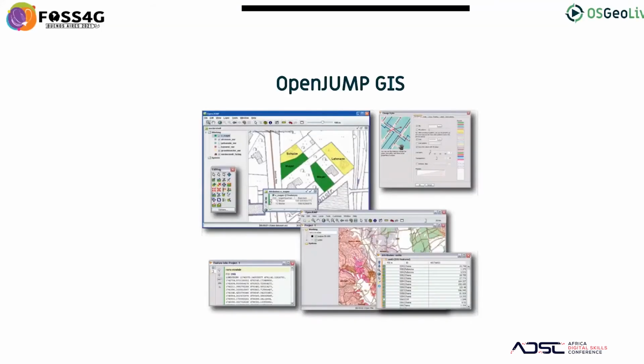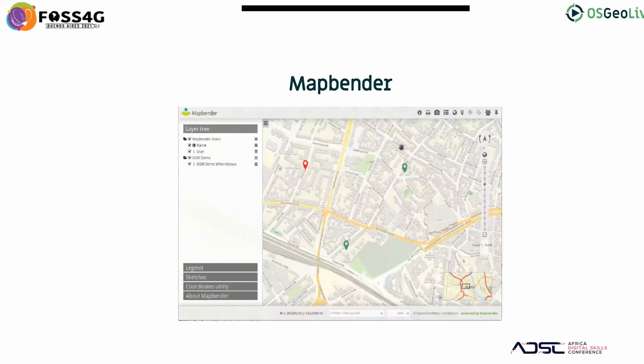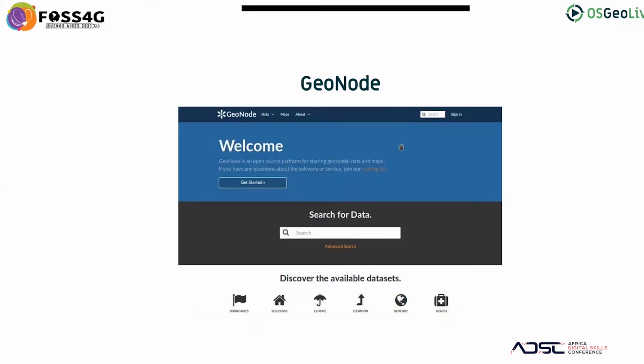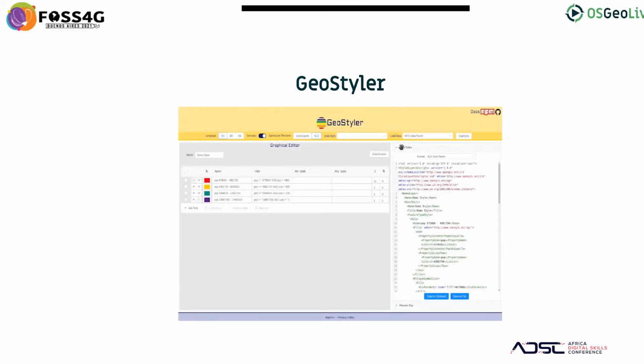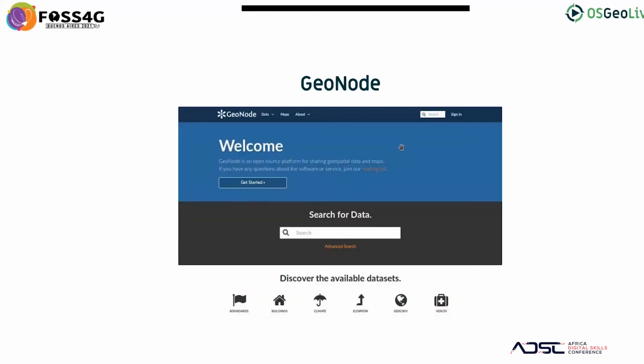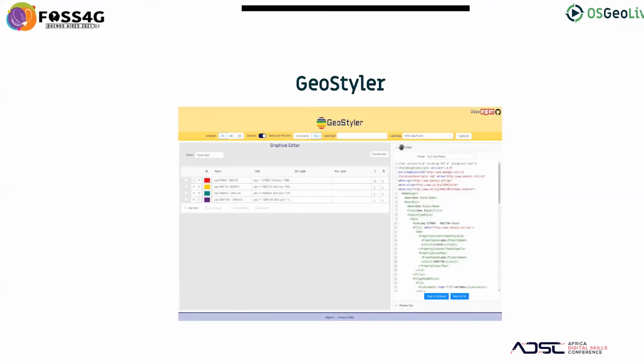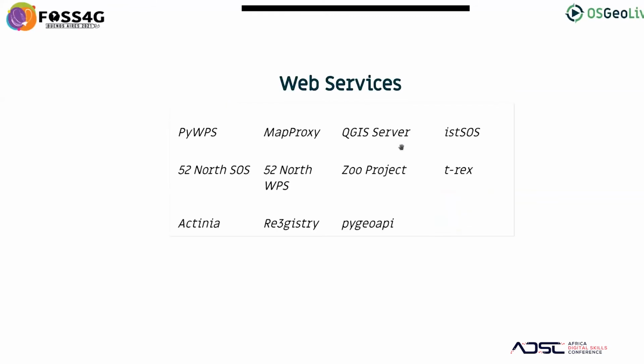There is gvSIG, there is uDig. These are just a gallery of tools and software included by default in the operating system that you don't need to install anymore. GeoNode, which is a spatial data infrastructure for managing datasets, maybe in your organization, sharing data, both geospatial and web services.